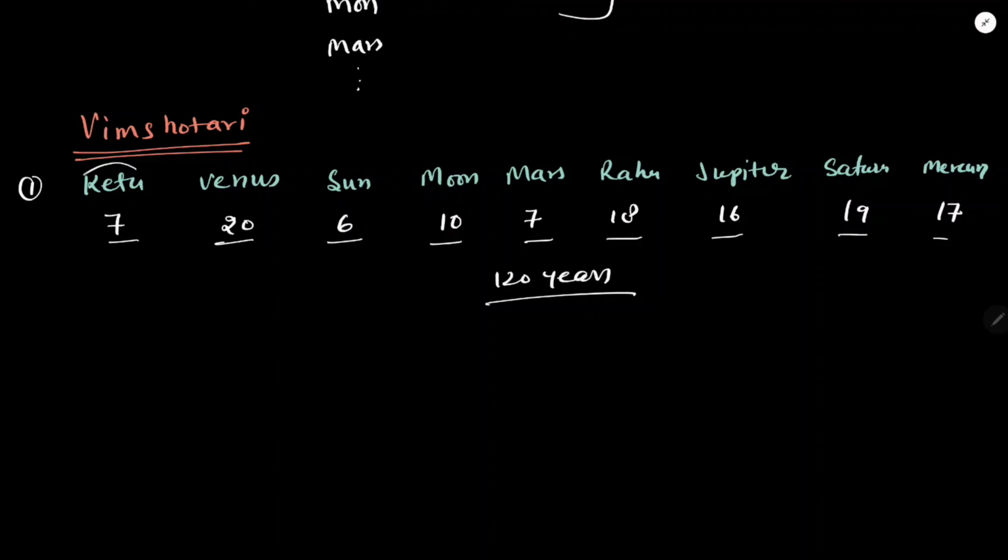This lordship of 7 years, that is of Ketu, is again divided into 9 different lordships. We discussed this just before, which is called sublord.